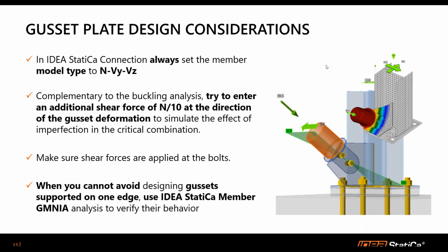I had a quick look as well, and I think the analysis type you're mentioning, GMNLA, refers to nonlinearity in terms of geometry and material, whereas GMNIA is essentially nonlinear in both those ways as well, but it also includes imperfections, and that's the next step, as it were.